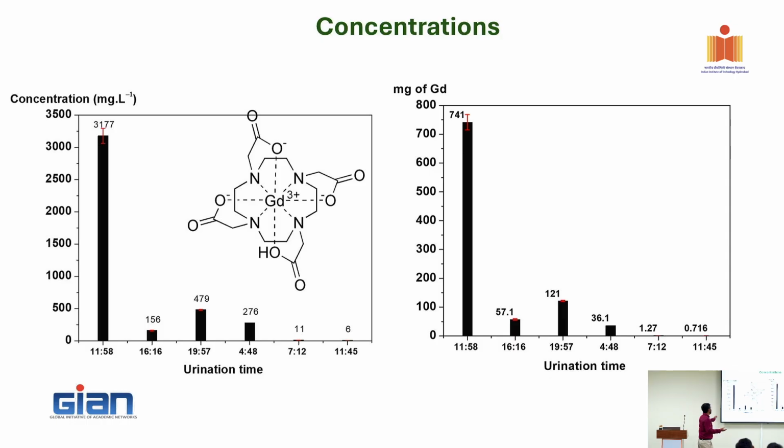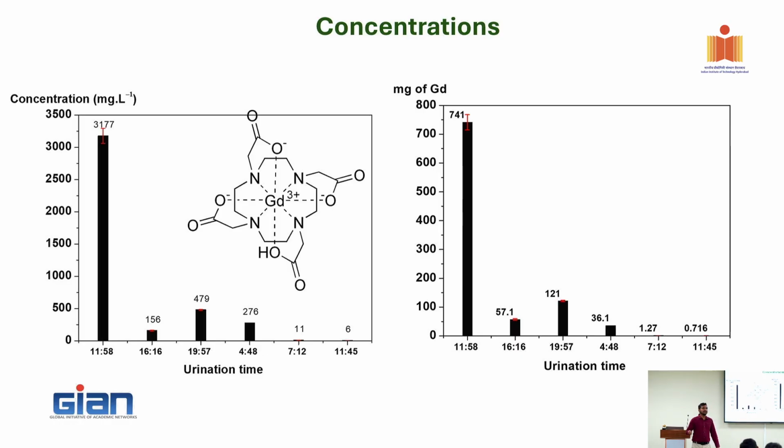As the urination events pass, the concentration decreases. If we convert this concentration into milligrams, in the first urination event almost 750 milligrams of gadolinium is released.